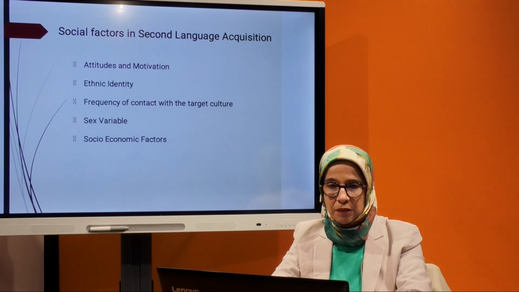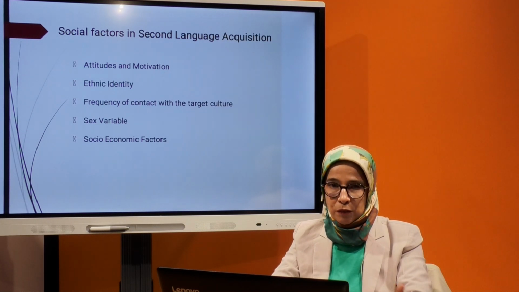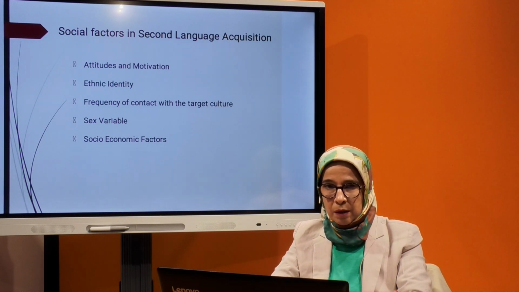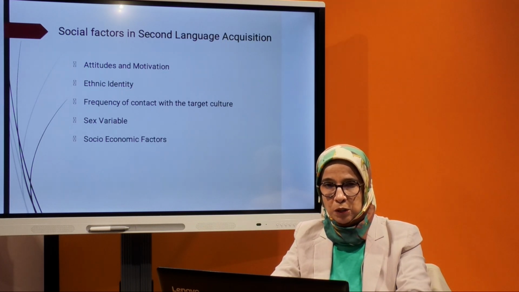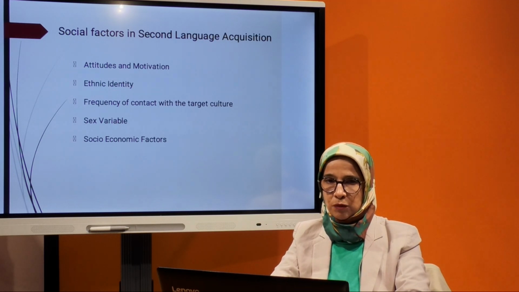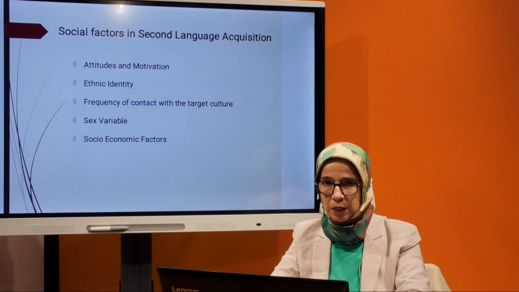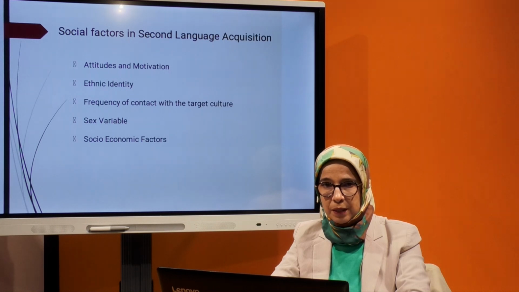So this factor in here claims that there is a difference between men and women in terms of learning a language, and some people say that women are more successful in learning a second language than men. But is this axiomatic? Can we generalize this?